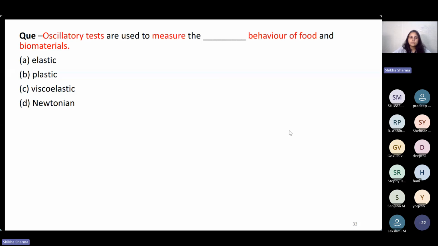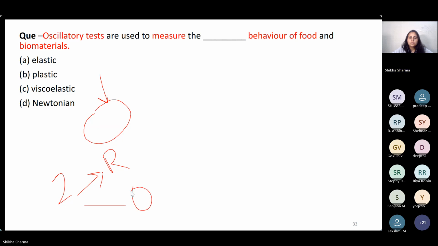Now we are discussing the oscillatory tests. When we have some food and we are doing its rheological analysis, there are two types of tests we will do. One is the rotational test, and another is the oscillatory test.